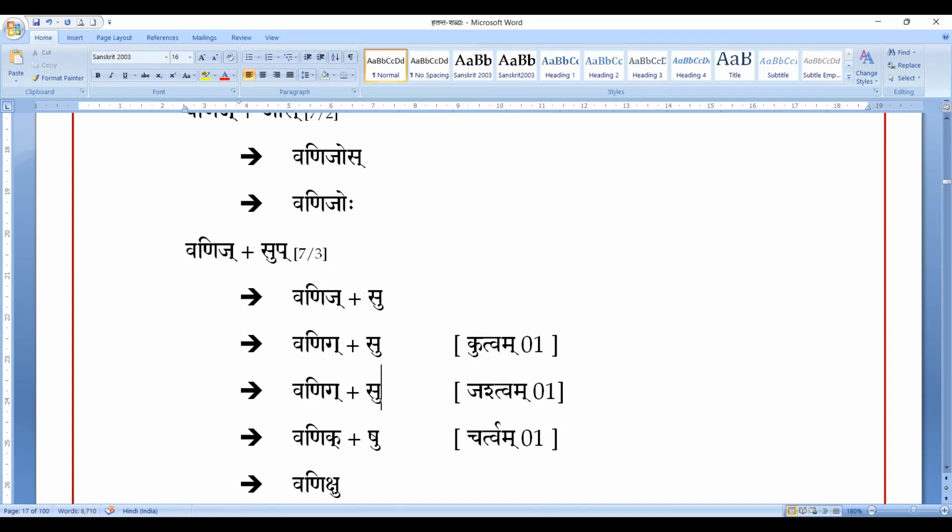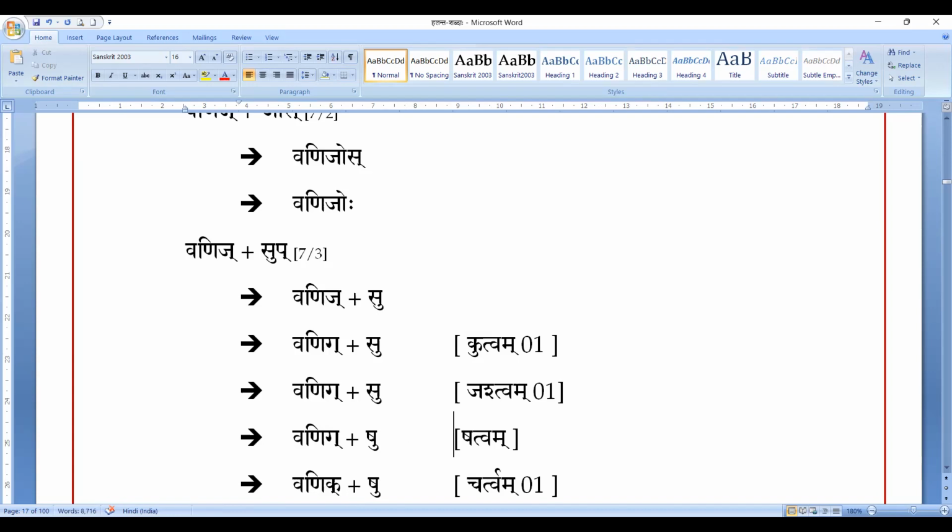Let me do this because I skipped certain steps here, taking many things for granted. One more step I will add: Vanik plus shu, that is Chartva, then Shatva. So therefore you have Vanikshu. So Jalamukshu, Vanikshu, this is how you get the form.